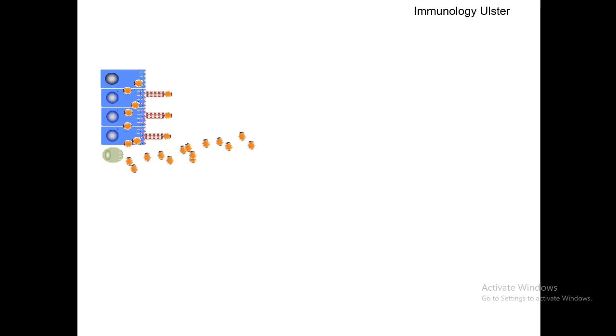And what then happens is that the dendritic cell will come along and it will take up this virus, which is now an extracellular pathogen because it's existing outside the cell. It'll take it up into its cell, break it down, and present the antigen on MHC2.